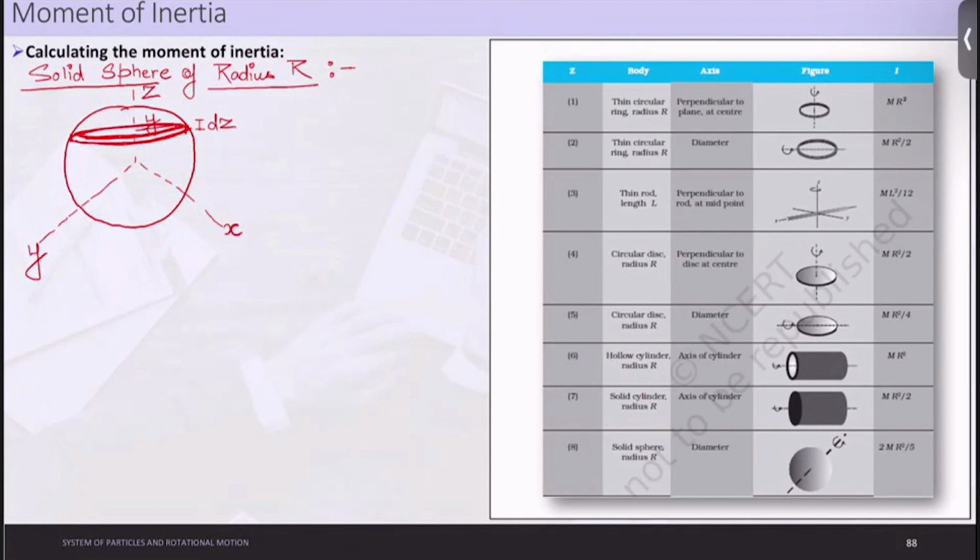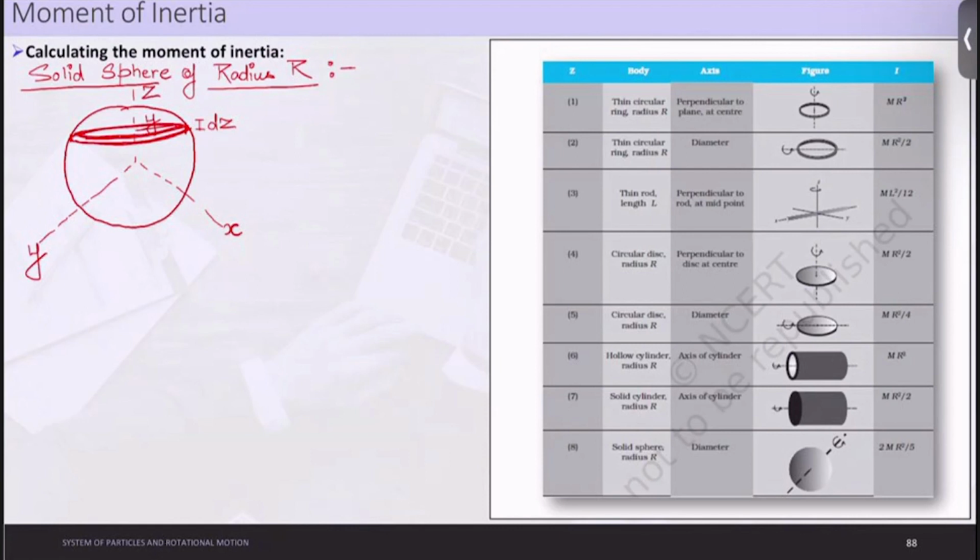If you see this very clearly, this is nothing but a circular disc, right? For a solid sphere, the infinitesimal mass is considered as a circular disc. Can you tell me the moment of inertia of this circular disc? It's nothing but mr square by 2. But here your m and r values will change. I hope this concept is clear.